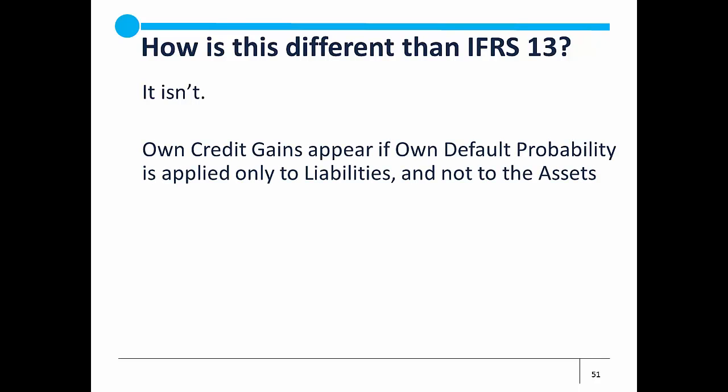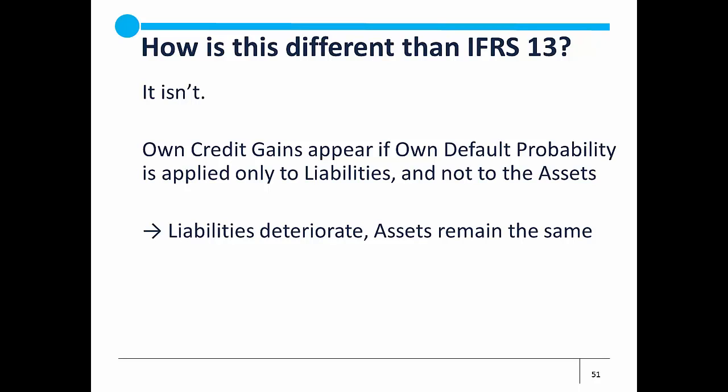The issue here is that own credit gains appear if own default probability is applied only to liabilities and not to the assets. Because that's what leads to liabilities deteriorating and assets remaining the same, and that's where the own credit gain comes from.